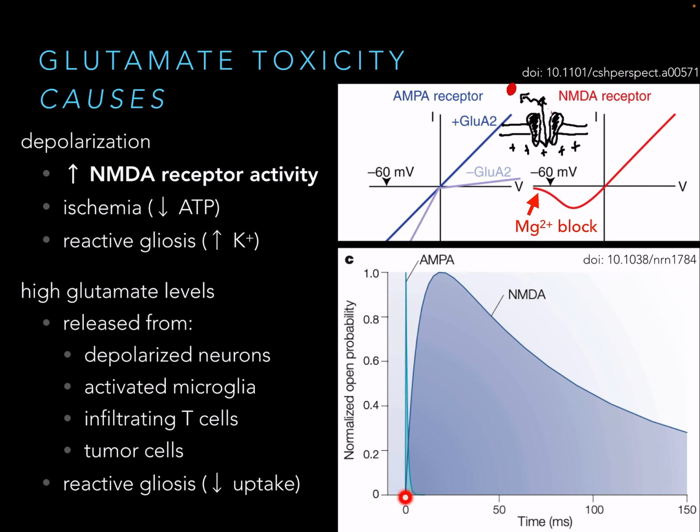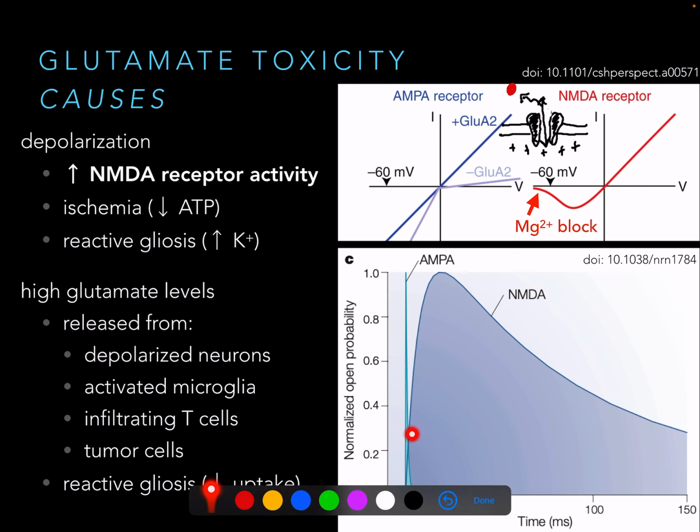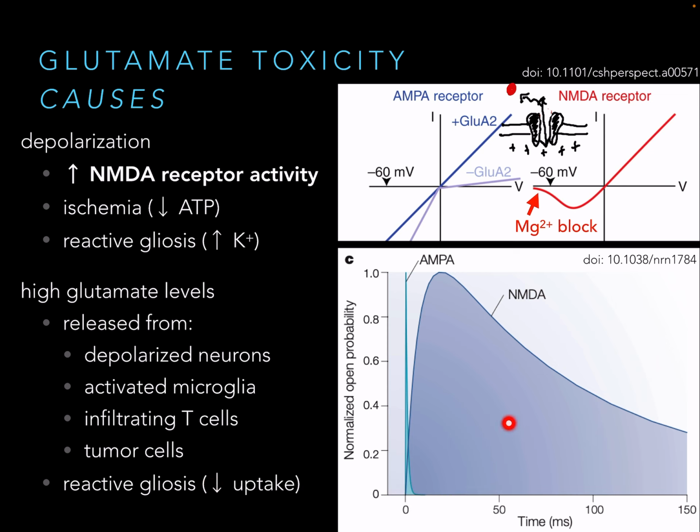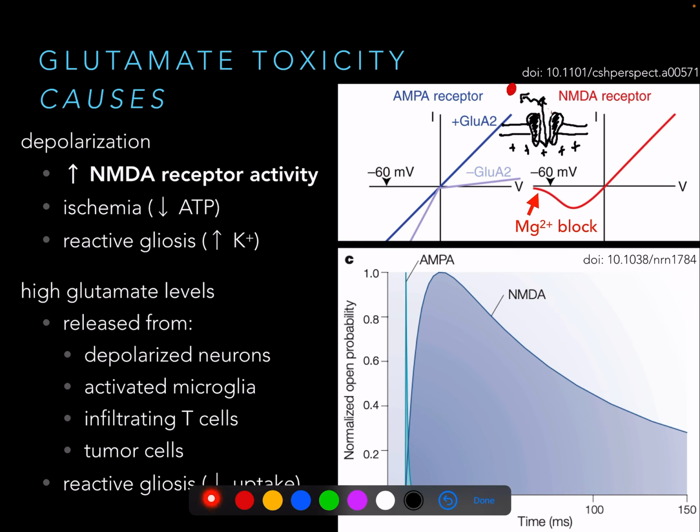NMDA receptors are a completely different story. They're a little slower to get up to max, but they stay open much longer. So the area under the curve here for the NMDA receptor is much greater. That is, NMDA receptors just simply move a whole lot more ions. That makes them able to kill us.